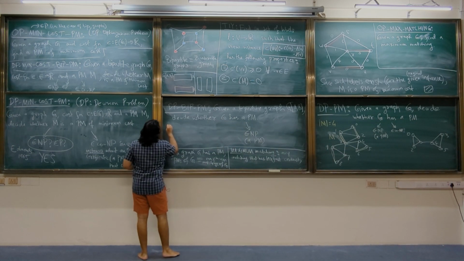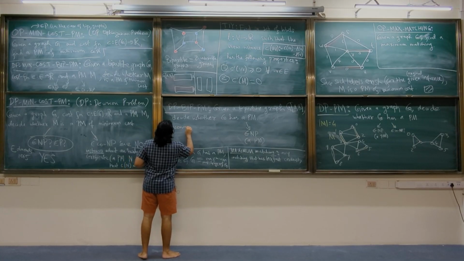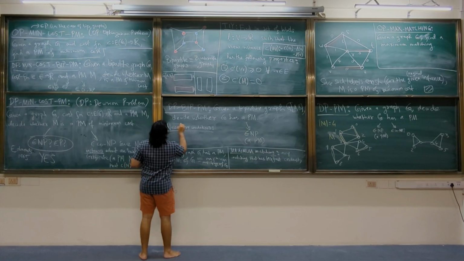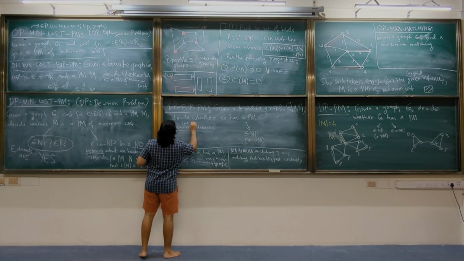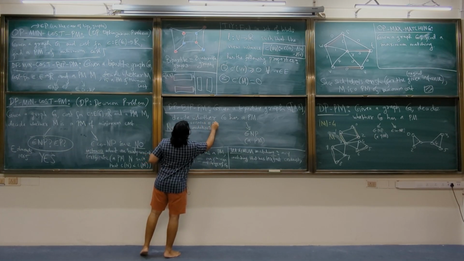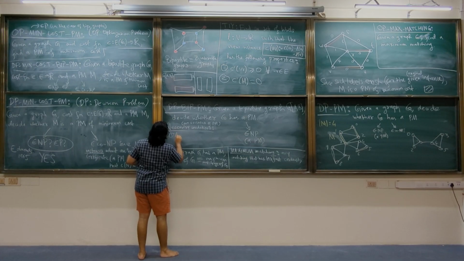So, necessary conditions for existence of a perfect matching: definitely you need the number of pink vertices to be equal to the number of blue vertices.